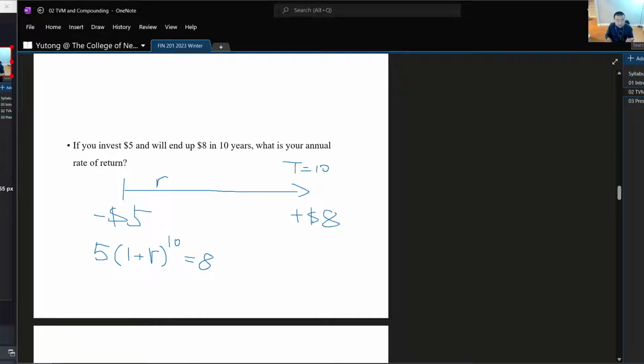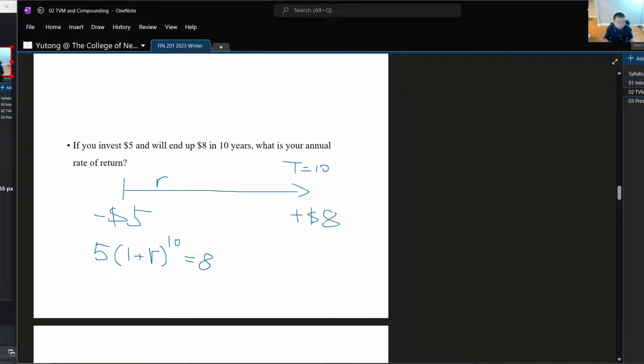So this is saying at return R, with $5 initially invested at time 0, for 10 years, I can get $8. If I initially invest $5 and I get a return of R, and I keep getting it for 10 years, in the end I should get $8 in total.